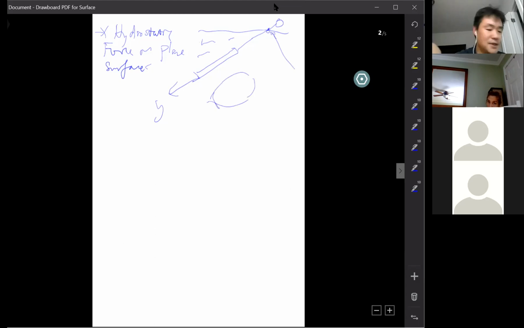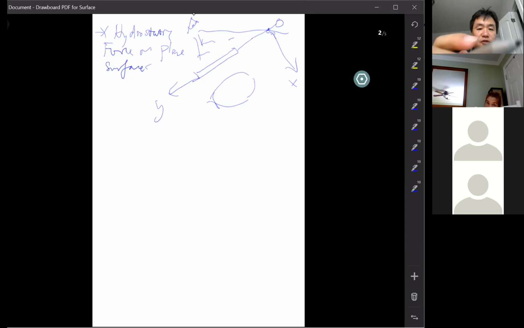Let's say an arbitrary geometry. This is the X direction. If your eye is here, you look at it, it will be a surface like this. Let's say a symmetric surface along the X direction, and the plane direction, let's specify as Y direction.